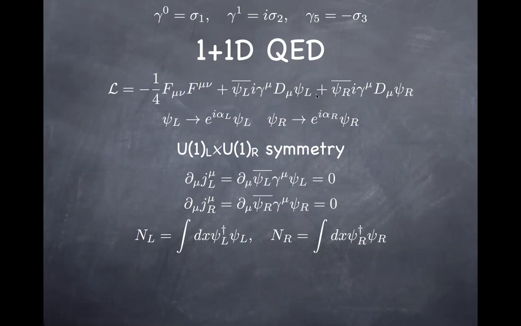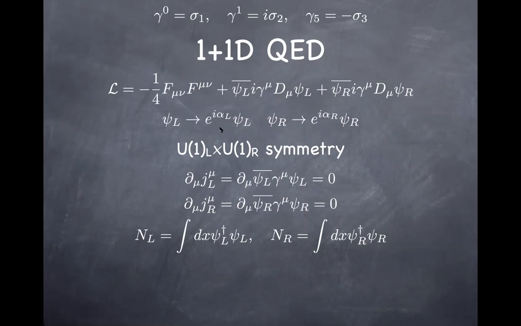I'm taking the massless limit here so that the left-handed and right-handed components decouple in the kinetic terms of this Lagrangian, so that it looks like I can freely rotate the phase of the left-handed component and right-handed component independently from each other. Namely, we expect that this Lagrangian has U(1) left times U(1) right symmetry.